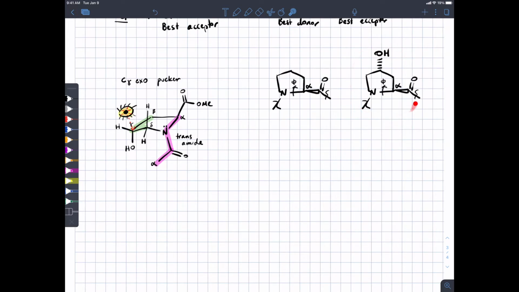But Raines did some studies on trying to understand why nature uses hydroxyproline, how that helps. Does it make collagen structure more stable?